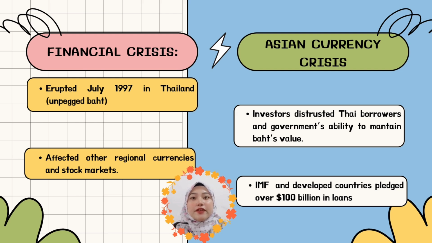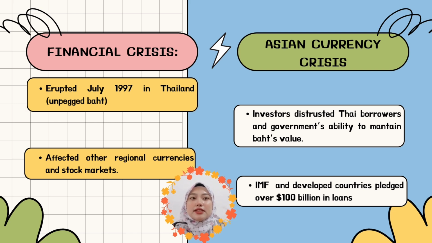depreciation of the currency. The crisis quickly affected other regional currencies and stock markets, spreading contagion across Southeast Asia and beyond, impacting countries like South Korea, Indonesia, Malaysia, and the Philippines. Currencies depreciated sharply, stock markets crashed, and economies faced severe contractions.